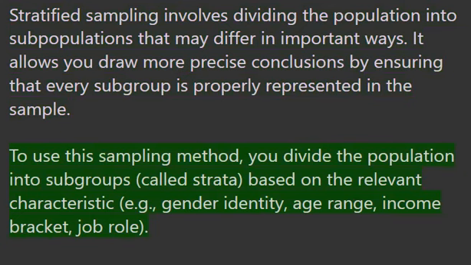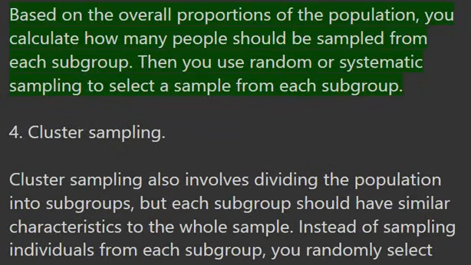To use this sampling method, you divide the population into subgroups, called strata, based on the relevant characteristic, e.g., gender identity, age range, income bracket, job role. Based on the overall proportions of the population, you calculate how many people should be sampled from each subgroup. Then you use random or systematic sampling to select a sample from each subgroup.